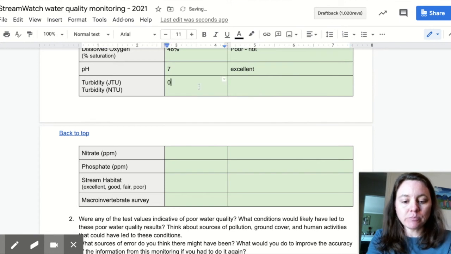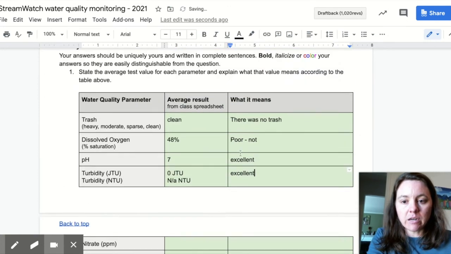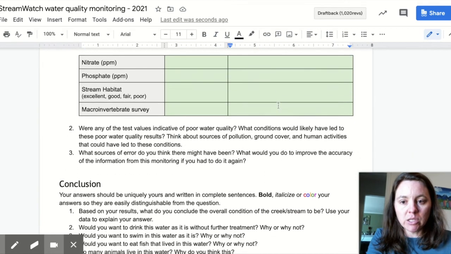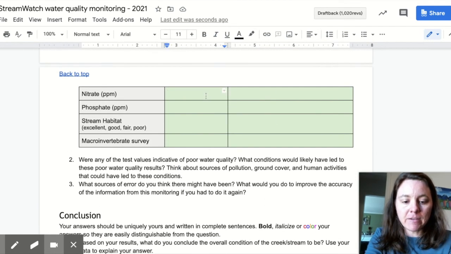So 0. And then we didn't do the NTU. Okay. And our nitrate values were 5, so that's fair. And our phosphate values were 2, so that comes out to be good. 5 ppm, 2 ppm.